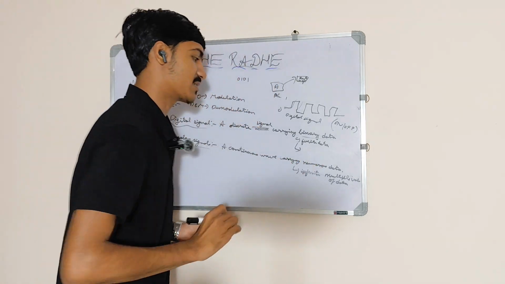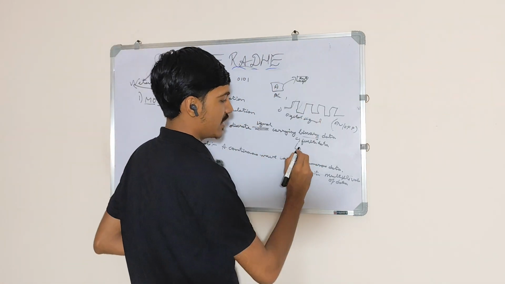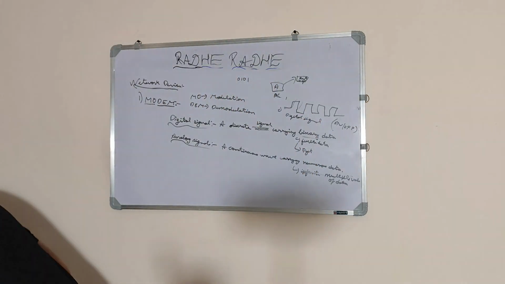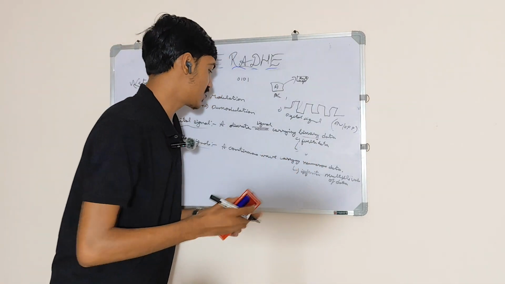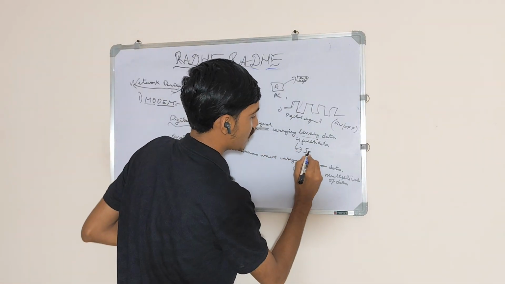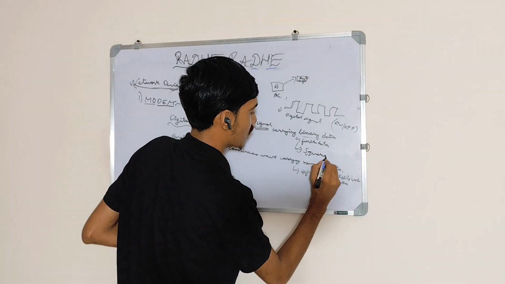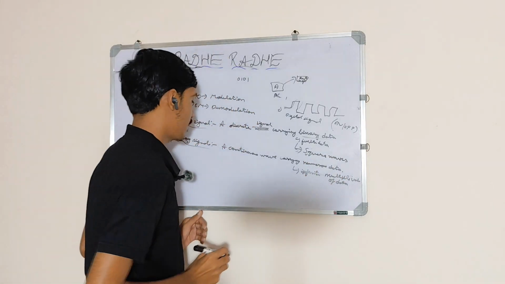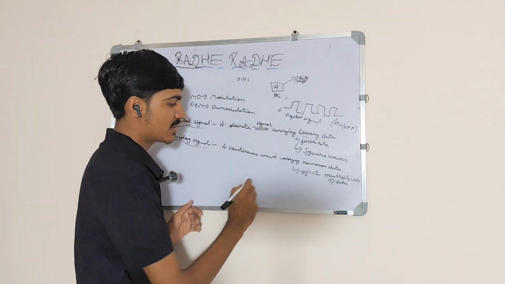Now how is this represented? Let me erase this. How is a digital signal represented? A digital signal is represented by square waves. How is an analog signal represented?